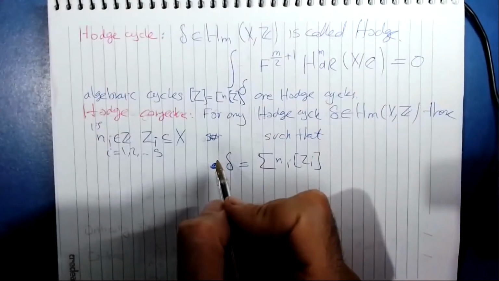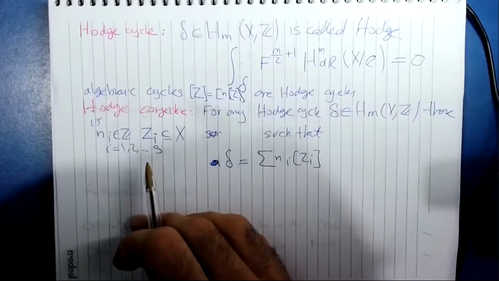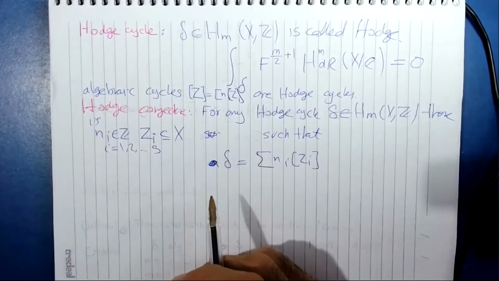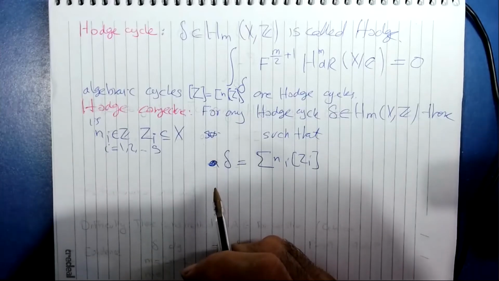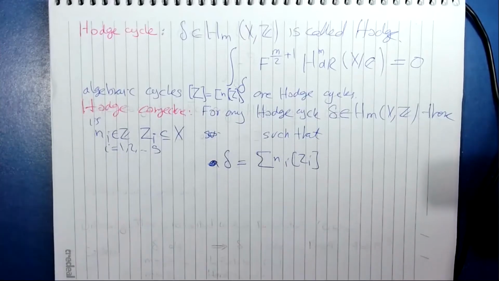This is actually called the integral Hodge conjecture. And right at the beginning of the invention of the Hodge conjecture, Hirzebruch and Atiyah found counterexamples for this.